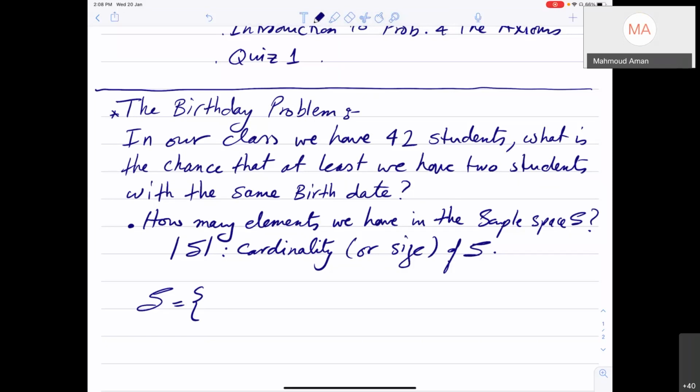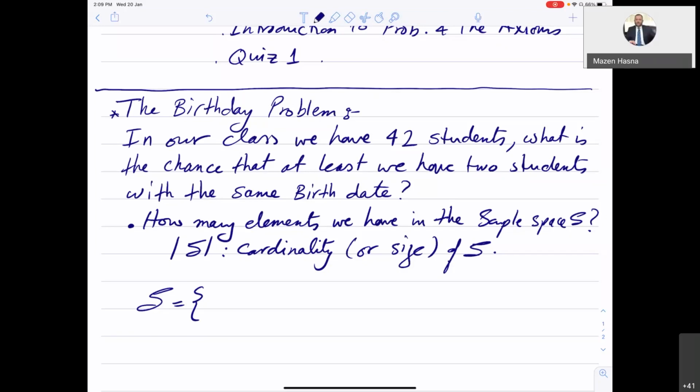I'm not concerned about the year. Those who celebrate their birthday, regardless of the year, one was born in 92, one was born in 95. If both were born on January 1st, they will celebrate on the same day, right? I'm talking about the birth date, month and day.